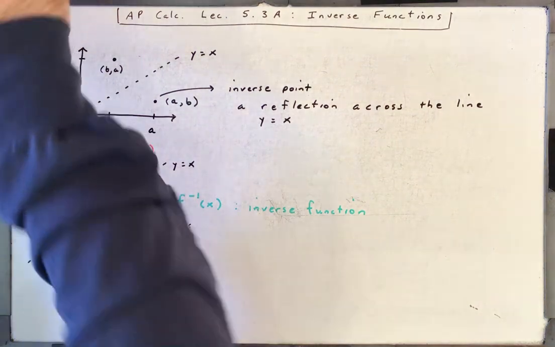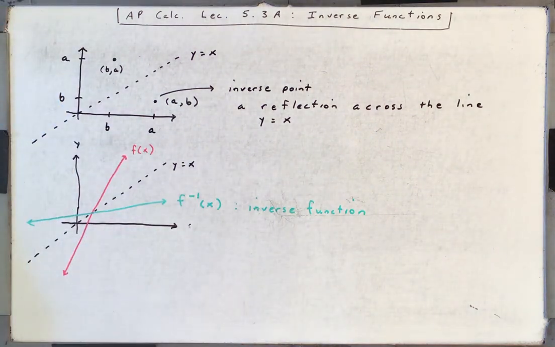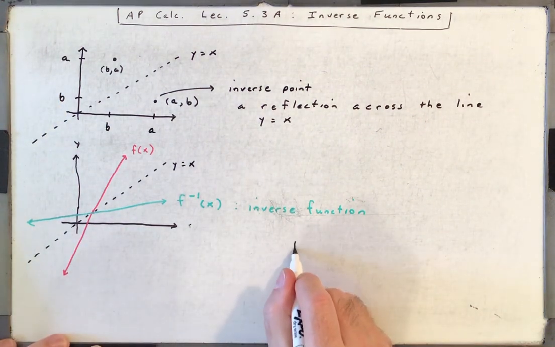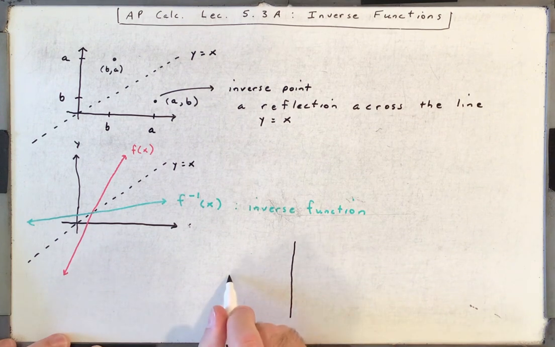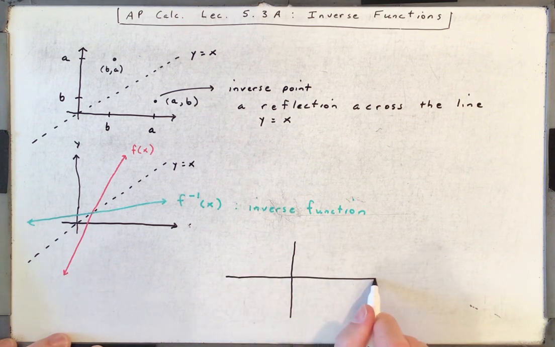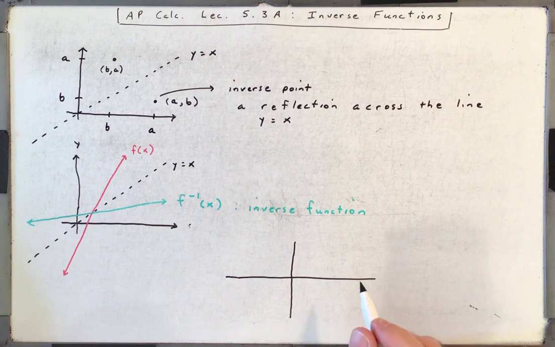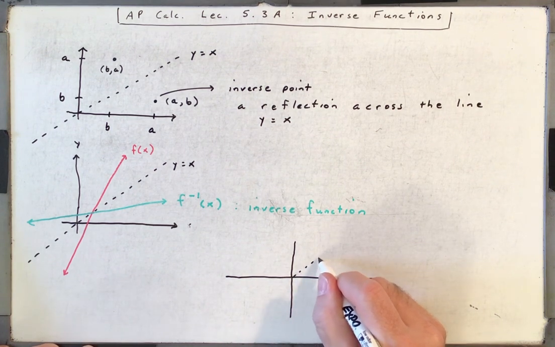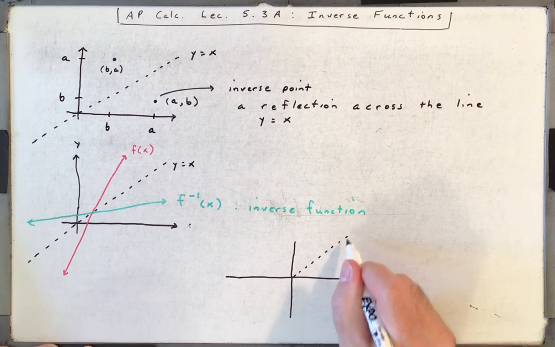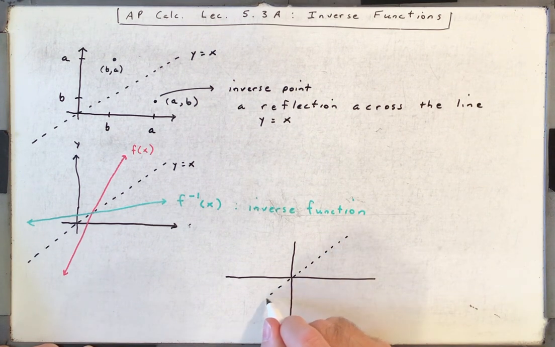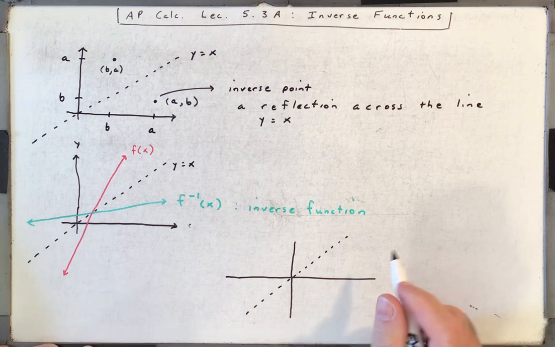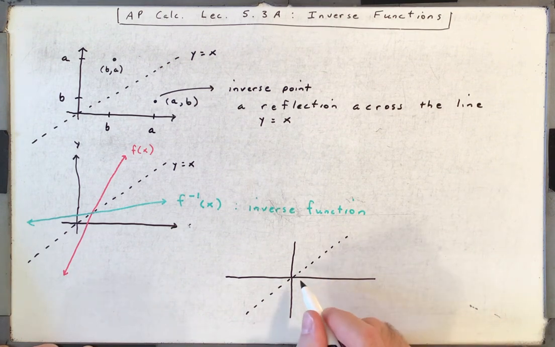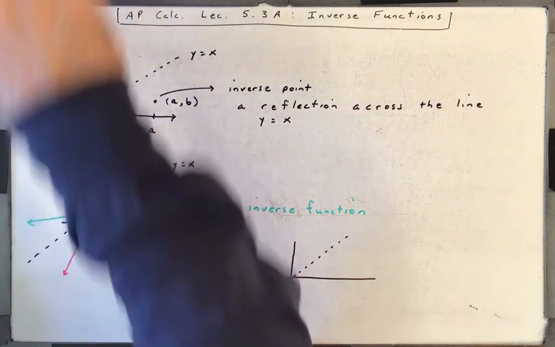All right, let's do another one. So let's say we have f of x equals x cubed. First let's draw the line y equals x. All right, we'll do this in red and green.